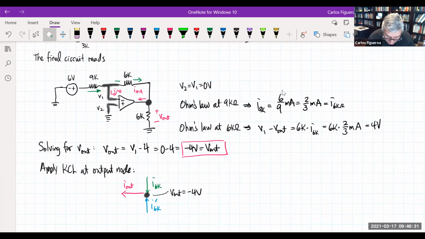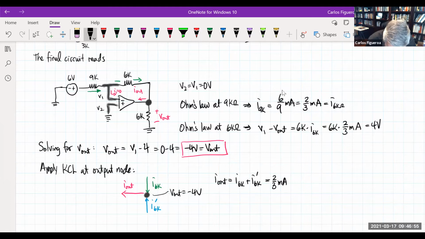So it has to be coming from the ground. If I apply KCL to this, all of the currents in must equal the current out. So I out must be I6K plus I6K prime. I already know what the 6K resistor is, and that is 2/3 milliamp.